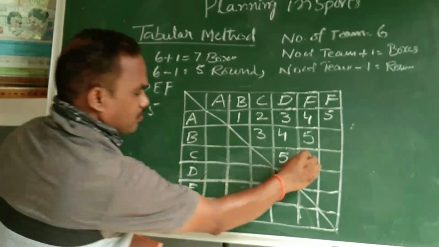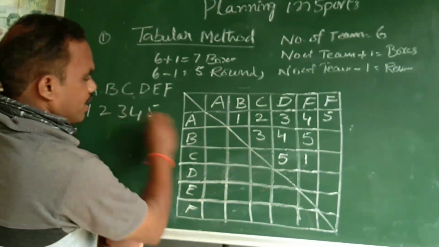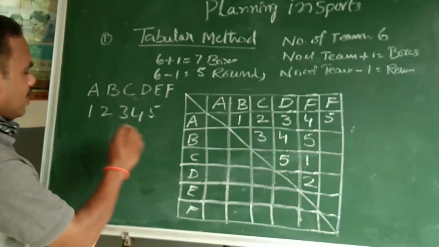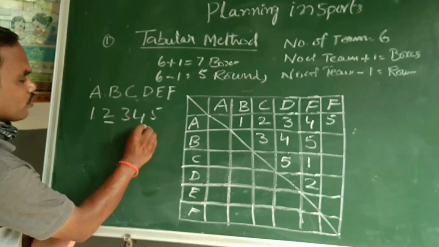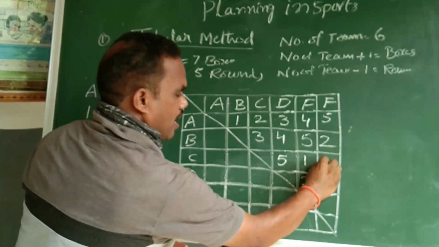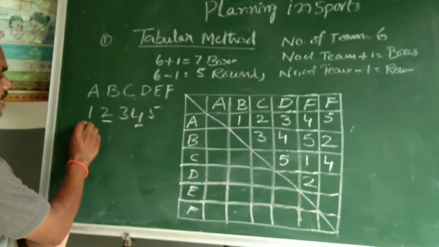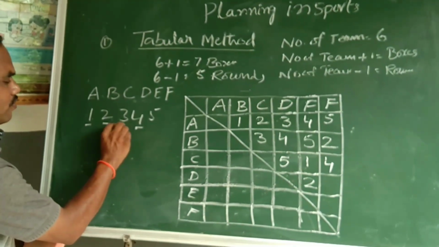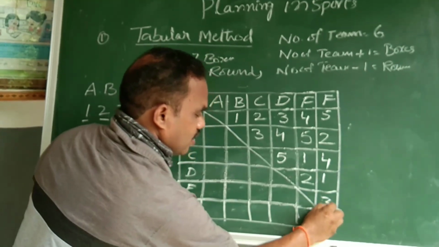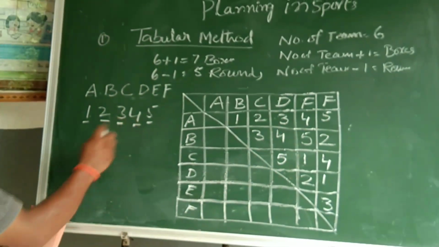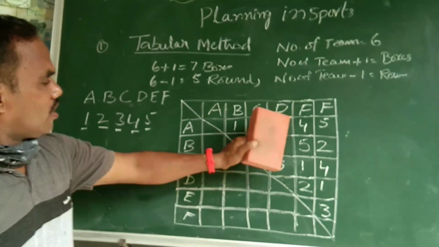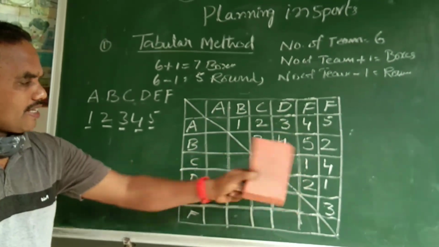After 5 again it's come to the 1, and after 1 again 2. After it is a position, and the first even numbers you have to keep this round 2 and 4, and the next odd number 1, 3, 5. 1, 3, already 5 is there here. So this is the team events. This is the teams are going to the rounds will be like that.